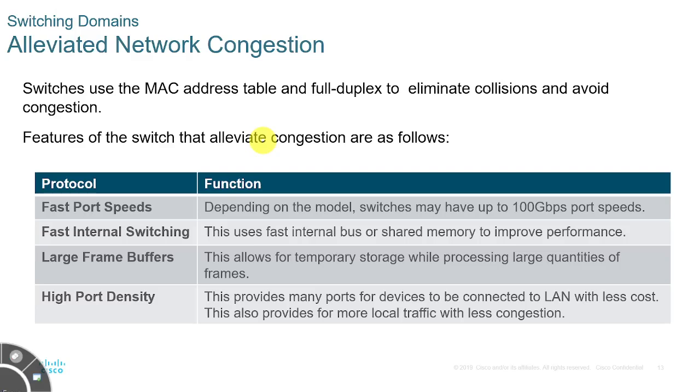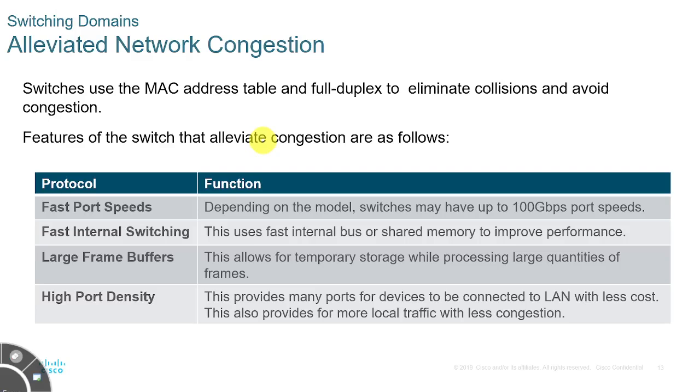How can we decrease, alleviate, or reduce the network congestion? Basically, in order to alleviate, to reduce these congestions, we can use switches that use full duplex. As you see, full duplex doesn't have collisions.